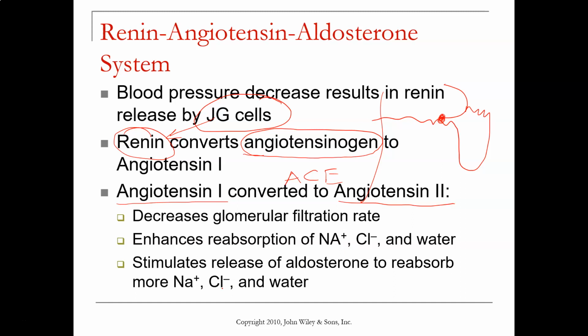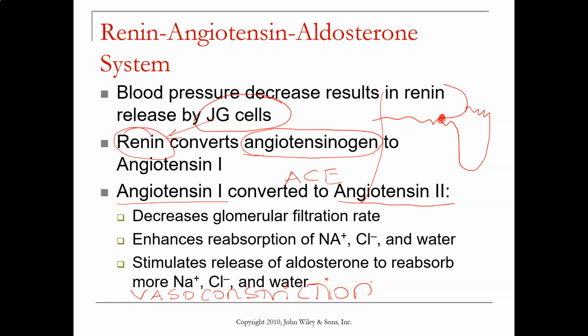Well, it's not listed here, but it is a powerful vasoconstrictor. So that should be added, vasoconstriction, which, if you remember from when we talked about blood vessels, that's a T and a. Vasoconstriction increases your blood pressure.